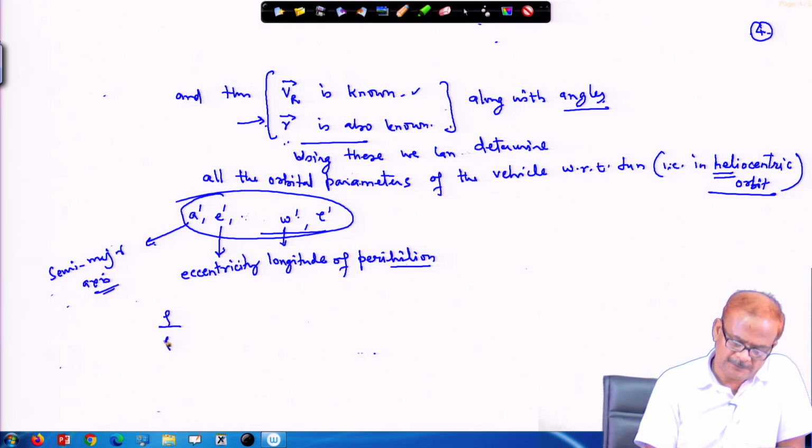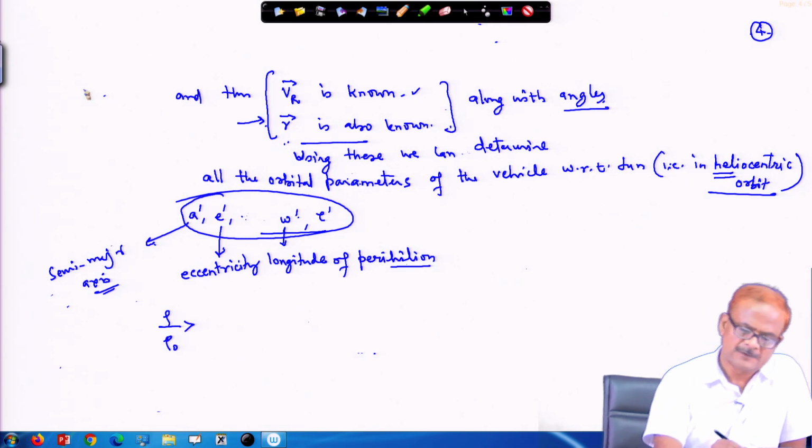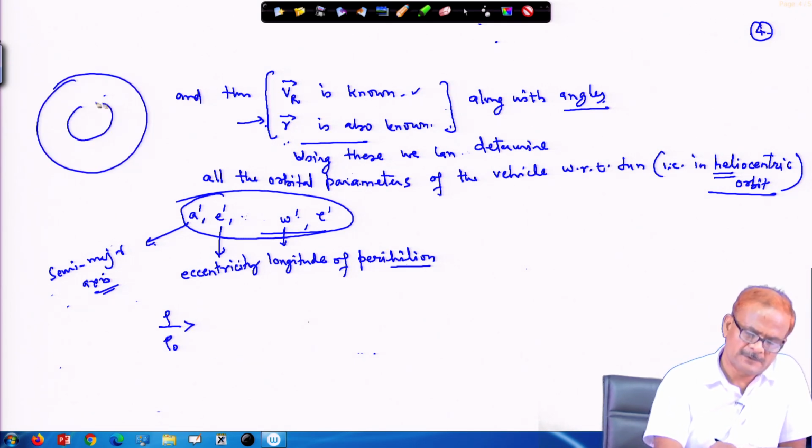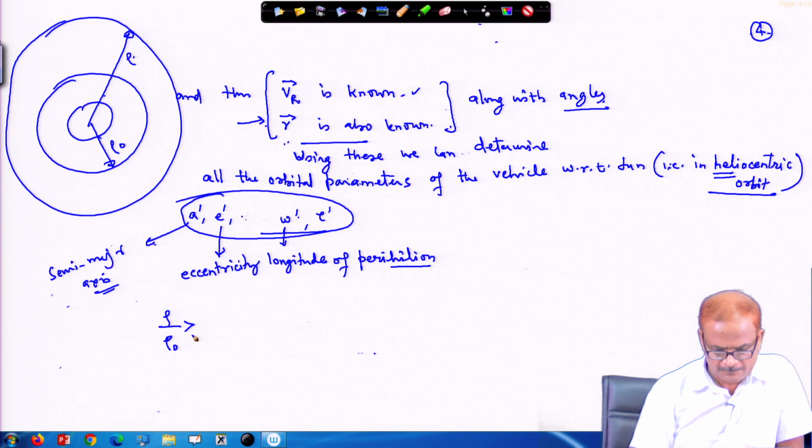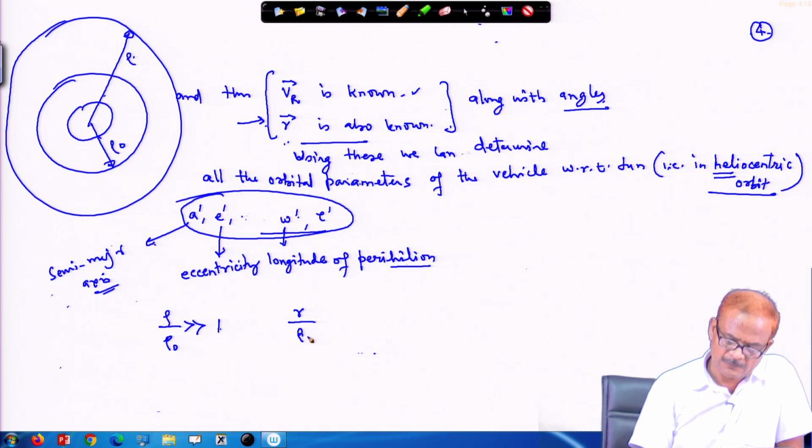Also, we should note that rho 0 is the radius of the parking orbit, as we have done last time. So, this is your parking orbit rho 0, and outside this we have a sphere of influence whose radius we have written as rho. So, rho by rho 0 is much greater than 1, and r by rho will also be much greater than 1.